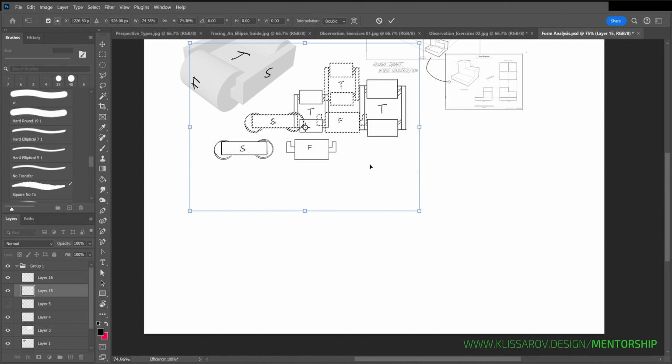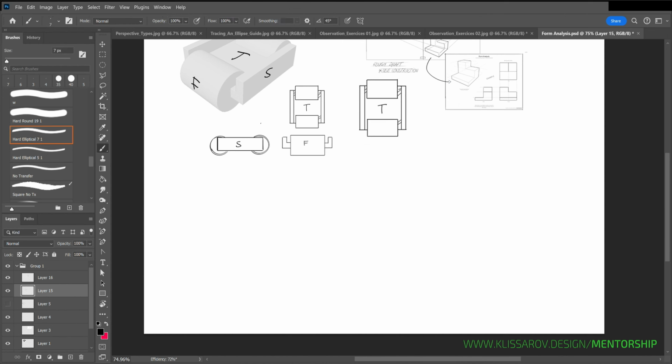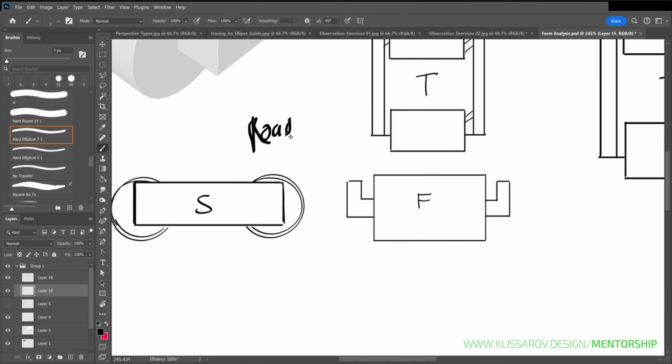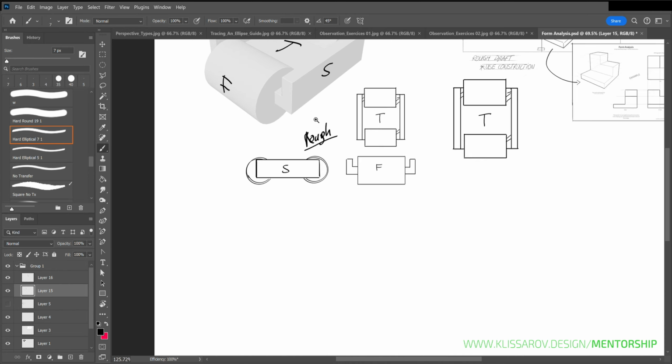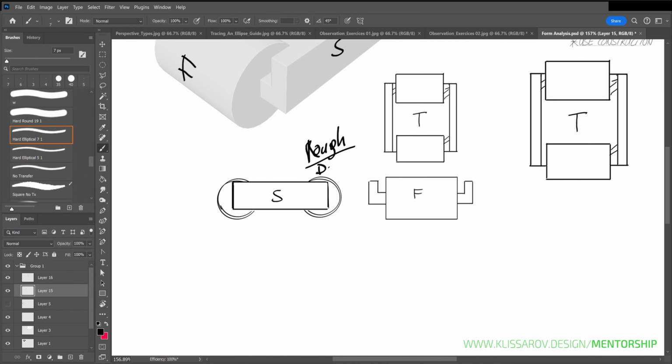So these were, as I said, rough. Let me write it. This is rough, okay? It's a rough draft. This is just for understanding.